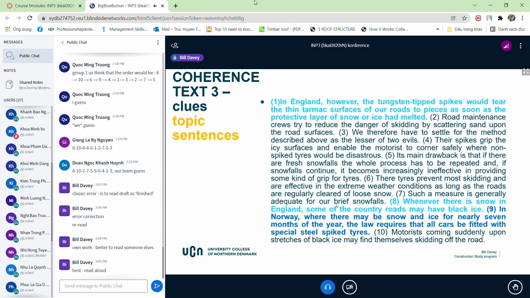But this is one of the things that you need to look out for, is this idea of the paragraph, because a lot of people seem to be writing paragraphs which are too long. So they're not paragraphs anymore. They're something else. I don't know what they're called, but they're not paragraphs. So my point here is that you need to look out for these topic sentences.